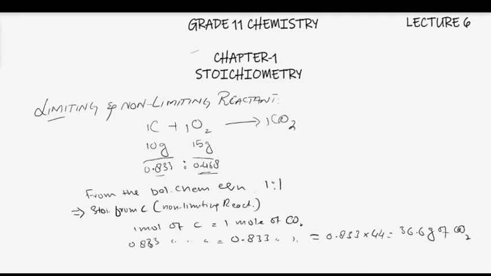Now this means that if we have 0.833 moles of carbon and we do the stoichiometry from carbon, then of course we should have 36.6 grams of carbon dioxide.